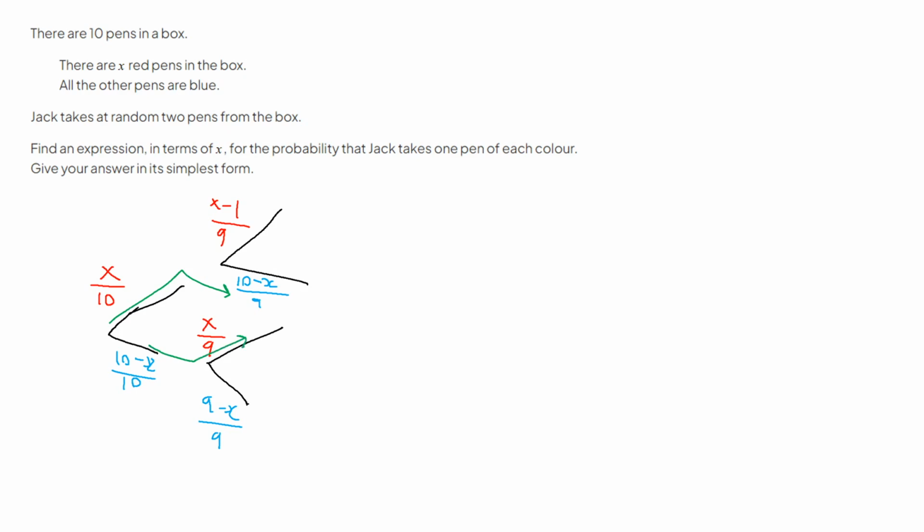So the probability of red then blue, that's just going to be X over 10 times 10 minus X over 9, plus 10 minus X over 10 times X over 9.